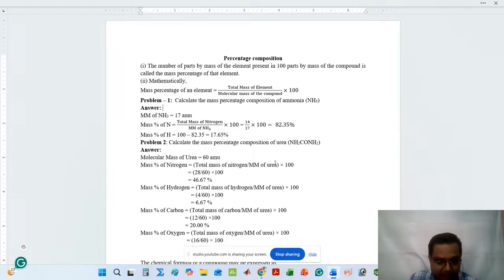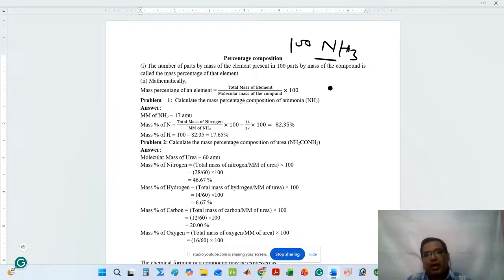Take an example. Suppose I take 100 grams of NH3. I will give you 100 grams of ammonia, that is NH3. I want to know how much nitrogen is present in 100 grams of NH3.